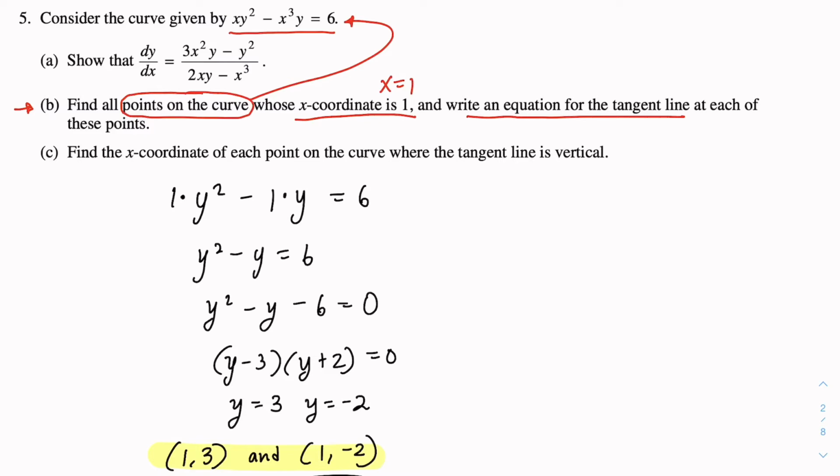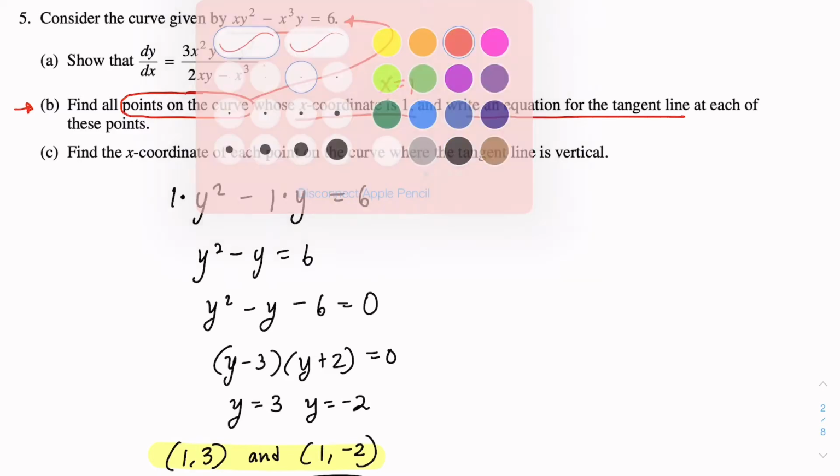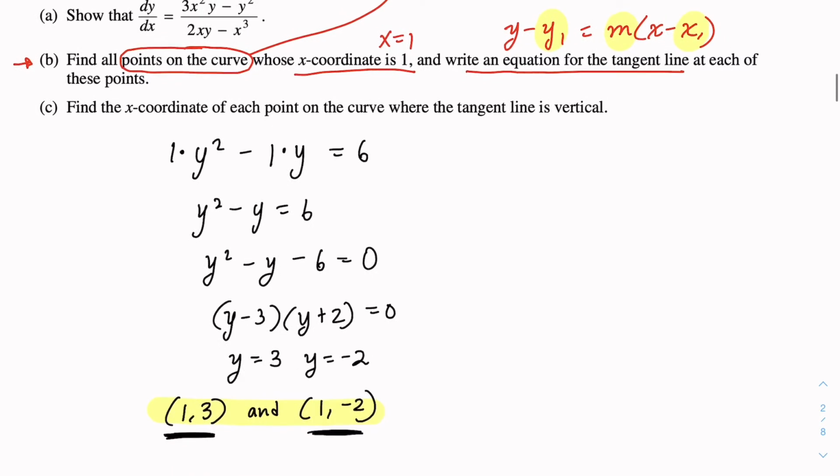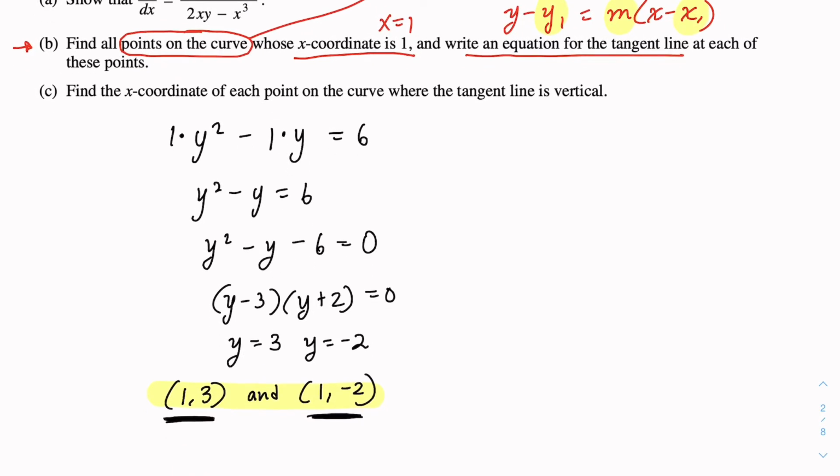Now it might seem a little confusing, but if you remember that the equation of the tangent line always follows the same formula, right? The equation for any line, we'll need two things for the equation of a line, which is a point that will go here and here, and then the slope. The good news is we already found our points, so I'm going to label them.